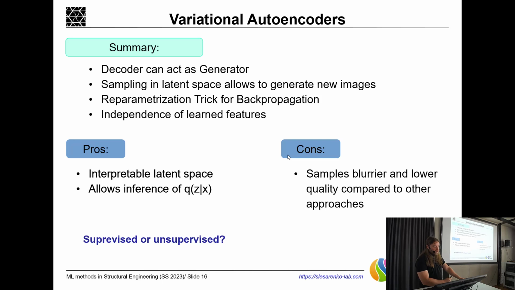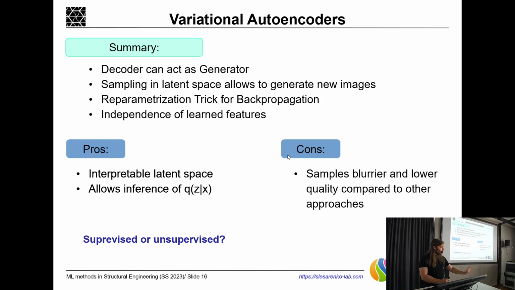That's it for variational autoencoders. The nice thing is we can basically take an autoencoder and modify it such that the decoder acts as a generator. We can then just sample in this bottleneck/latent space to generate new images. We then have to do a little trick, a reparameterization trick, to get the backpropagation.